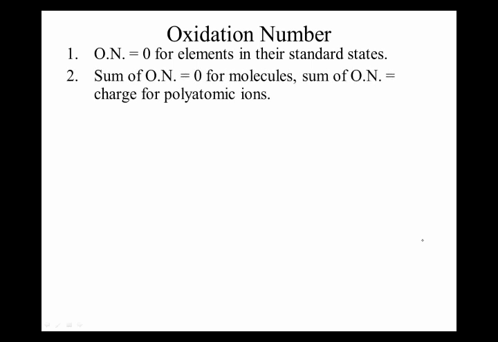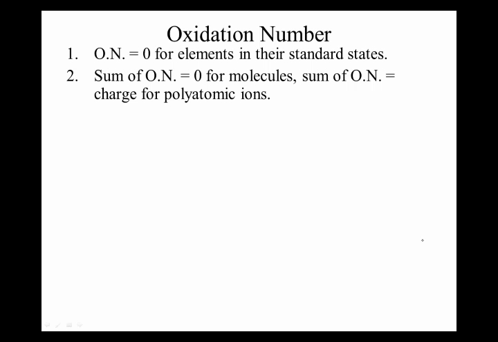This one's maybe a little weirder, but the sum of the oxidation numbers for molecules has to be 0 because molecules, by definition, are neutral. For any compound, the oxidation numbers have to add up to be 0. The sum of the oxidation numbers for polyatomic ions has to equal the charge.